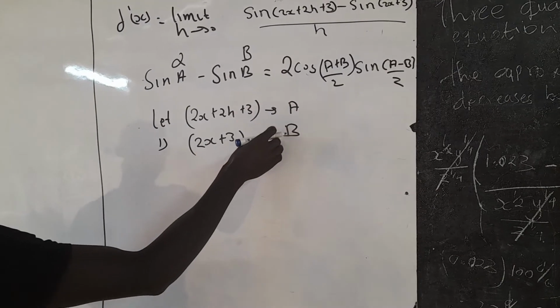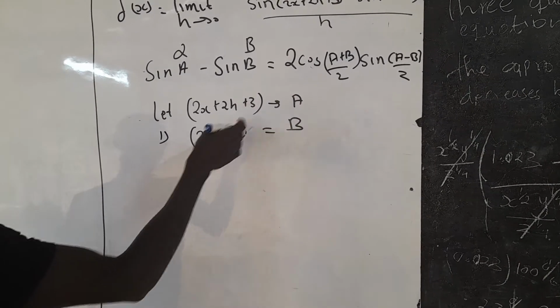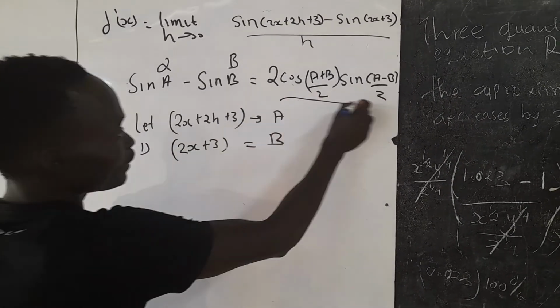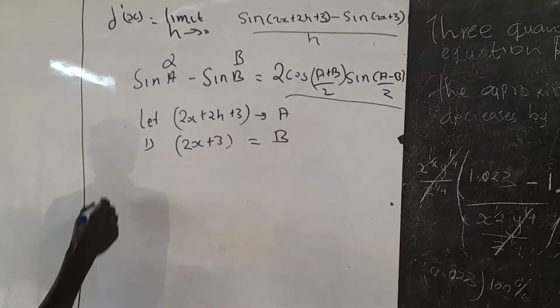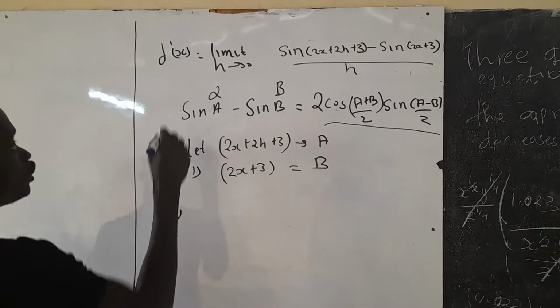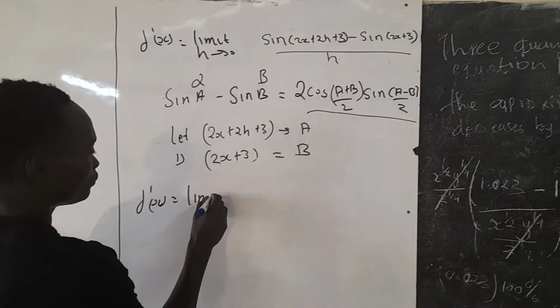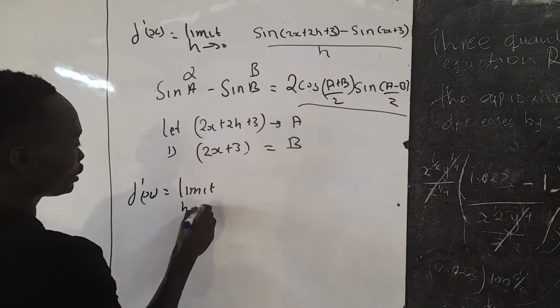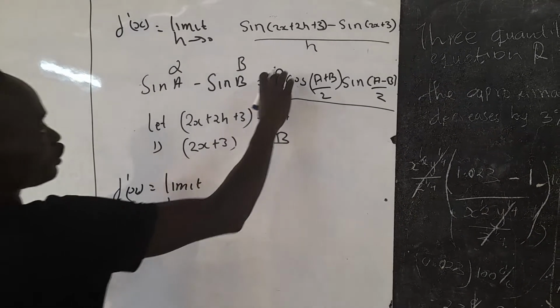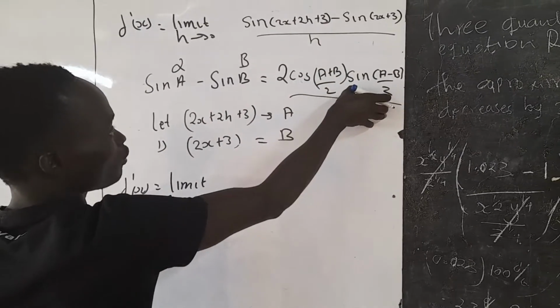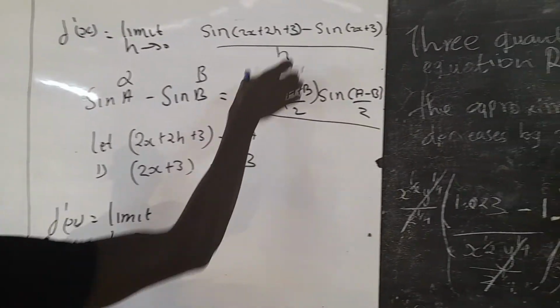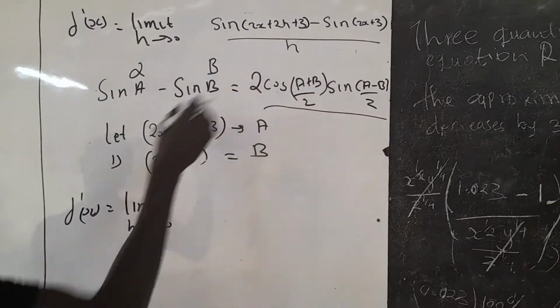So where there is B, we substitute, and where there is A, we substitute, using this formula. So let's bring it back. So limit when h is approaching 0. So remember we have just changed this one to all of these because they relate. It's the same thing that we are doing here.